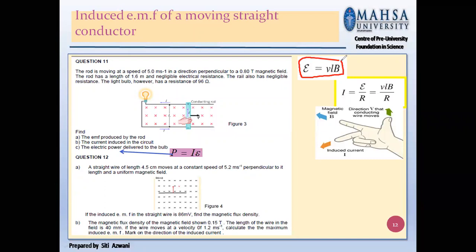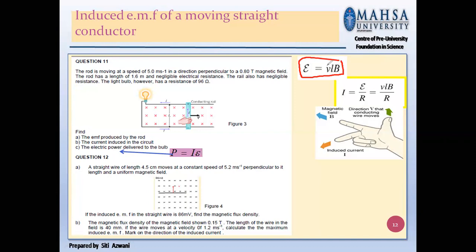Also you have induced EMF related to Faraday's law, direction of the magnetic flux. If you refer back to your notes, you have a derivation. This equation comes from the definition of Faraday's law, which is the rate of change of the magnetic flux.